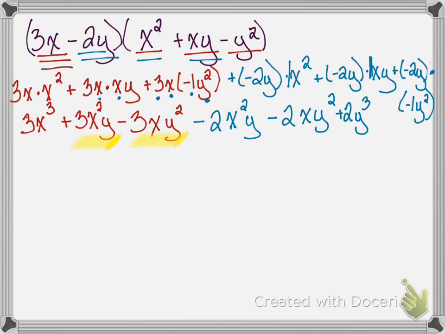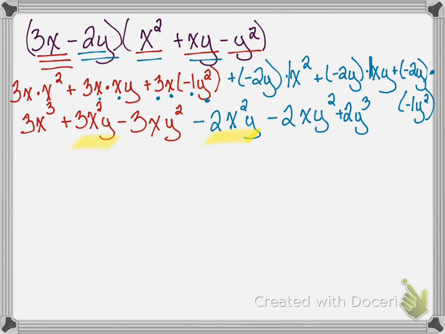No. Good. Excellent. They are not like terms. The reason is I've got x to the second power in one of them and x to the first power in another. Then I have y to the first power in one and y to the second power in the other. Excellent. What is a like term with 3x squared y? Negative 2x squared y. Perfect.